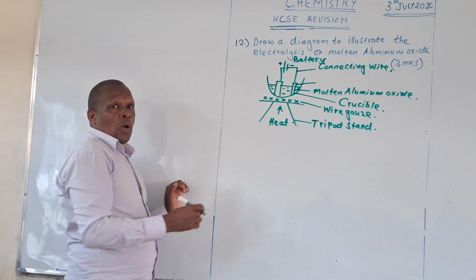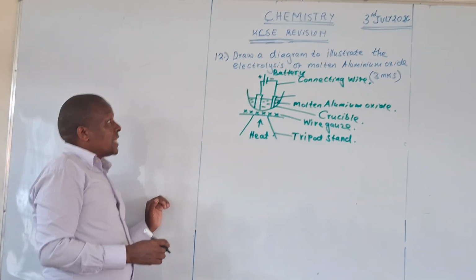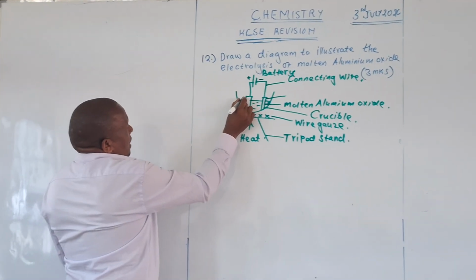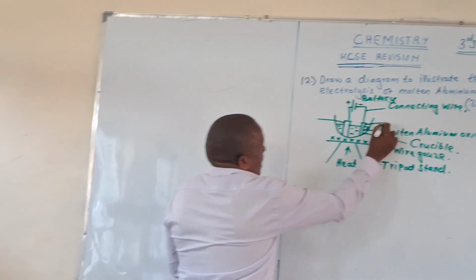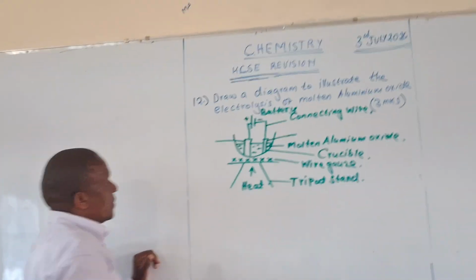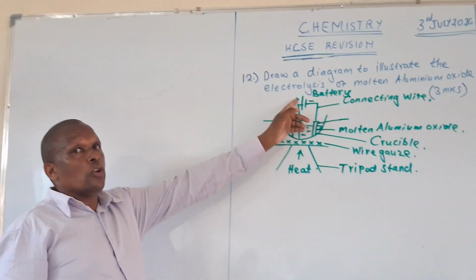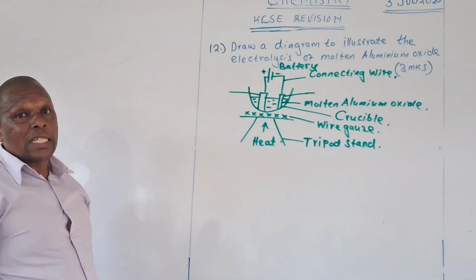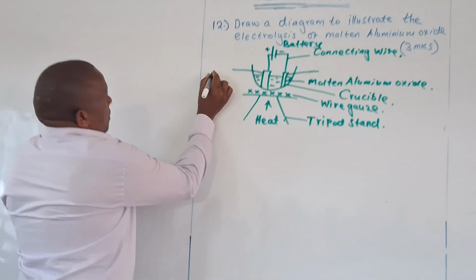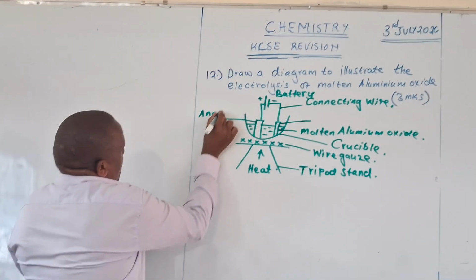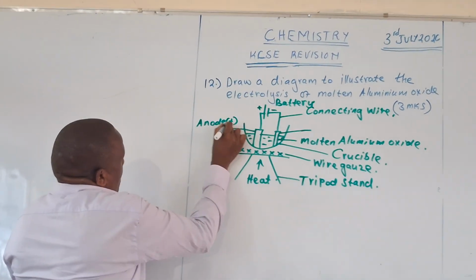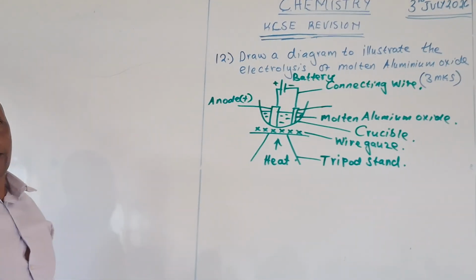Now, where is the anode and the cathode? This electrode has an N, and this other electrode has an N. Now, the electrode that is connected to the positive terminal of the battery is known as the anode. And it is the positive electrode.